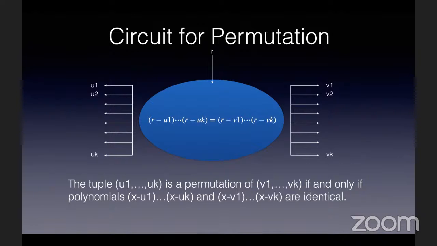Since they are identical polynomials, if I evaluate them at a random point R, I should get the same value. But if they are not identical polynomials, then because I'm picking R randomly, there's an extremely small probability that the values will turn out the same, because the polynomial can only have so many roots and R is picked from a very large domain. So if this relation holds, of course this circuit will be satisfied.